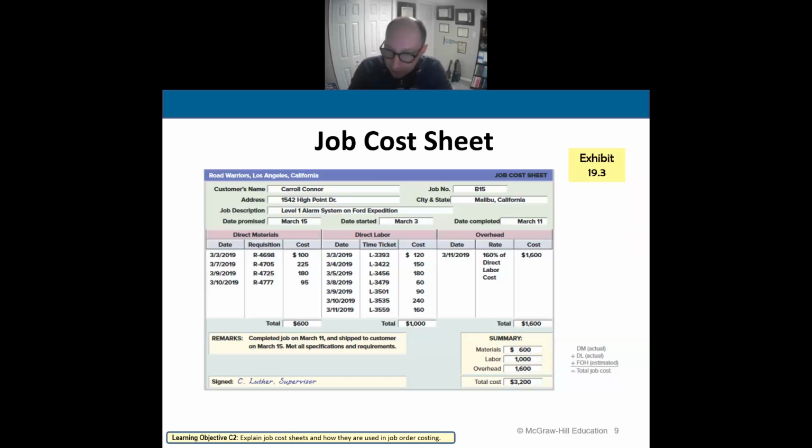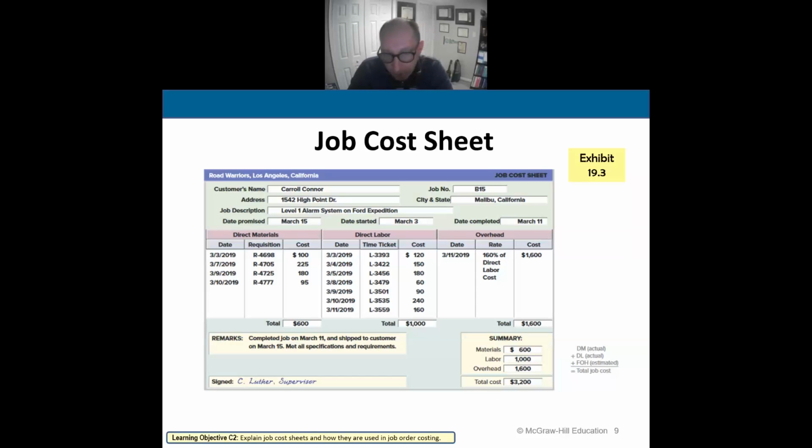Overhead, since we're on the topic of overhead, can be applied in a couple of different ways. Because you think about overhead. As we said earlier in the last chapter, overhead cannot directly be traced to the manufacturing process, right?